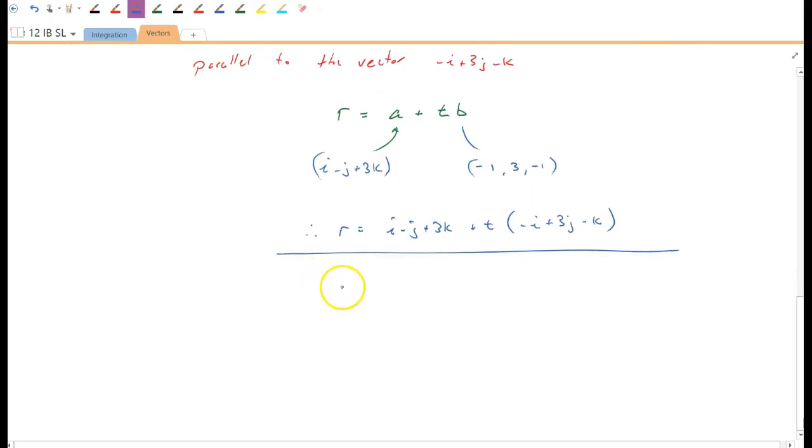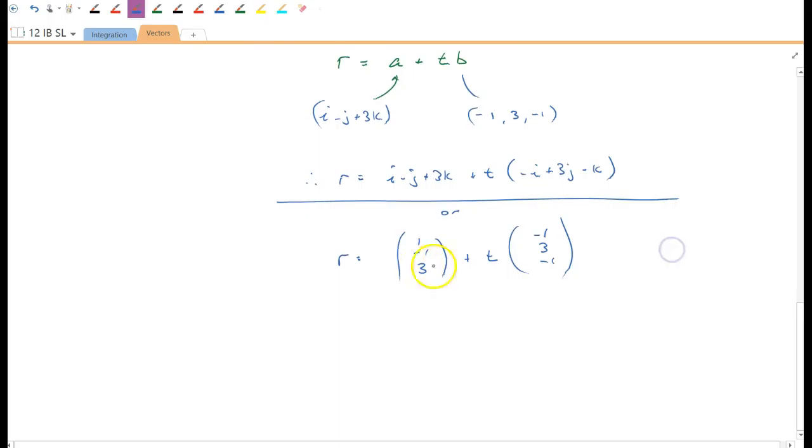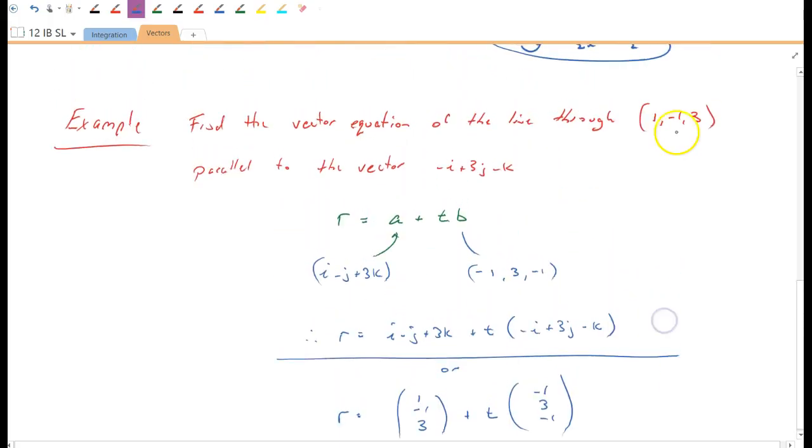I could have written it as r equals, and now I could give myself a bit more room, r equals (1, minus 1, 3) plus t(minus 1, 3, minus 1). So you can see here that's my position vector, 1, minus 1, 3.